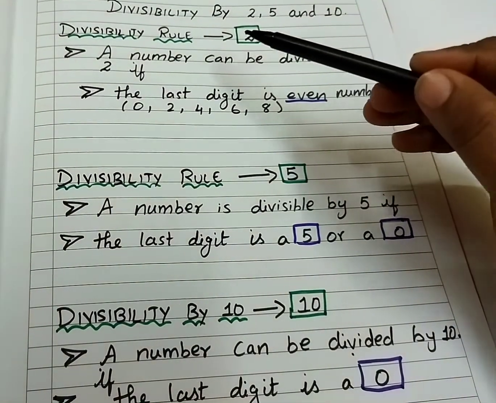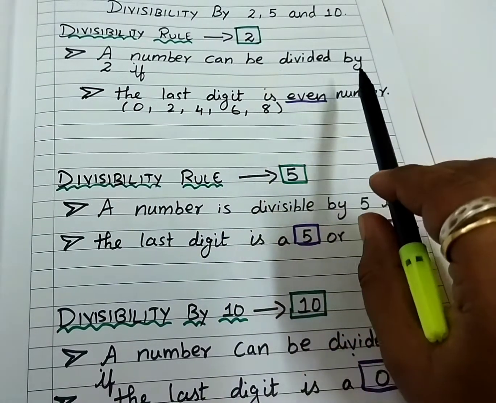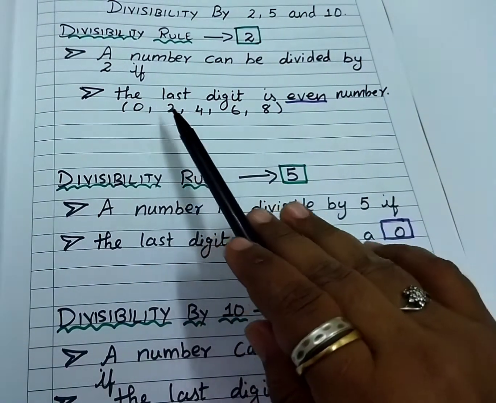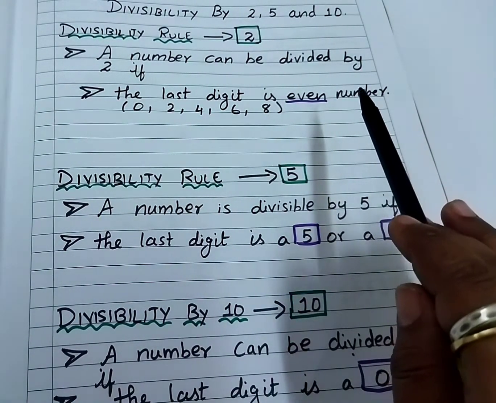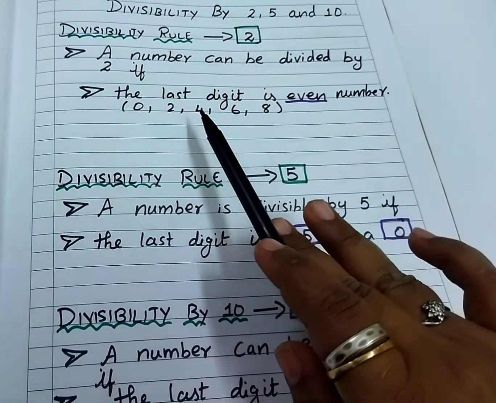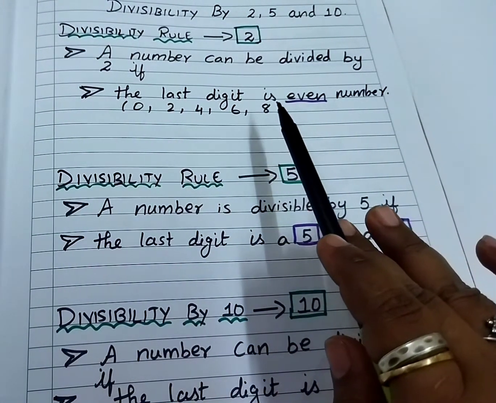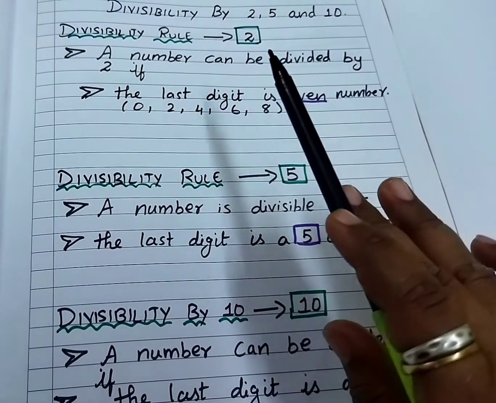If you see the divisibility rule by 2, a number can be divided by 2 if the last digit is an even number. Even means what? A paired number, right? If the ending digit is 0, 2, 4, 6, 8, immediately you can say that particular number is divisible by 2.